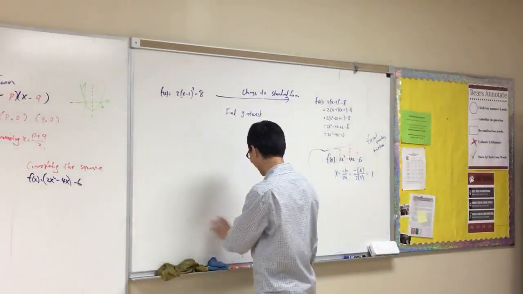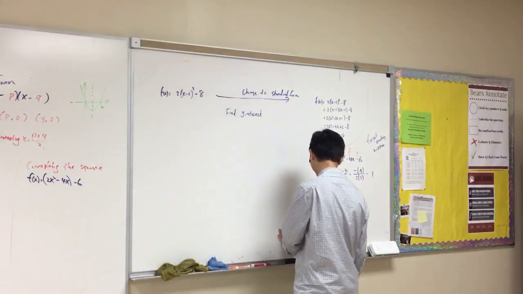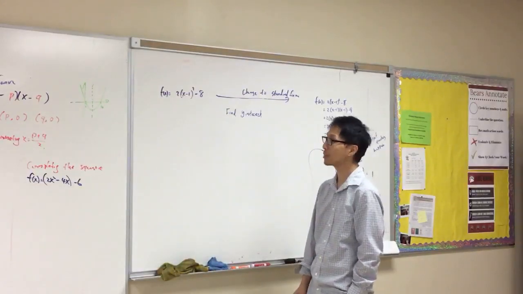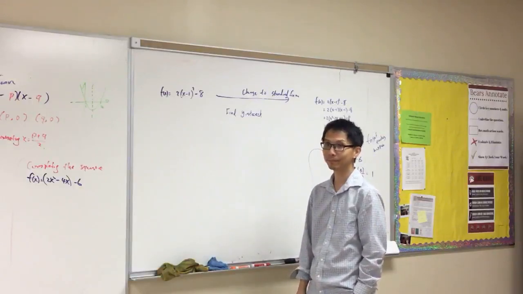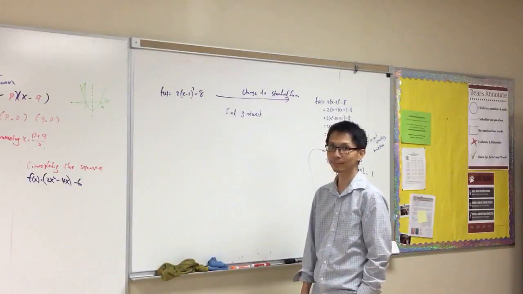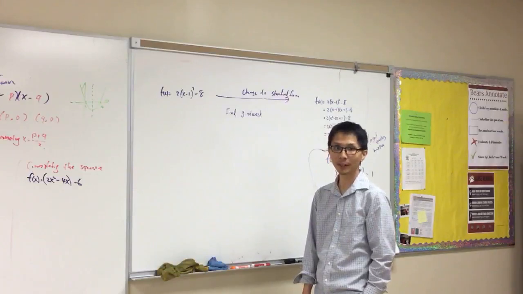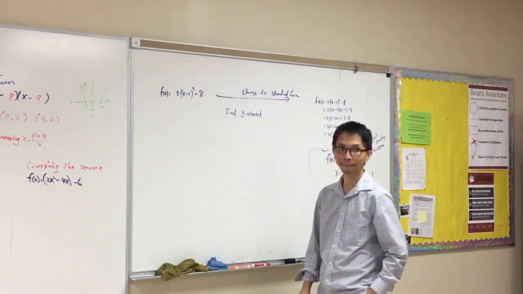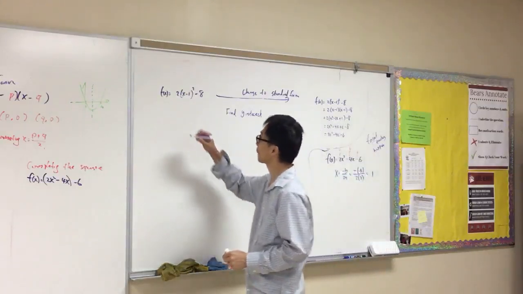Okay, so what's my vertex? H and K. -1 and -8.